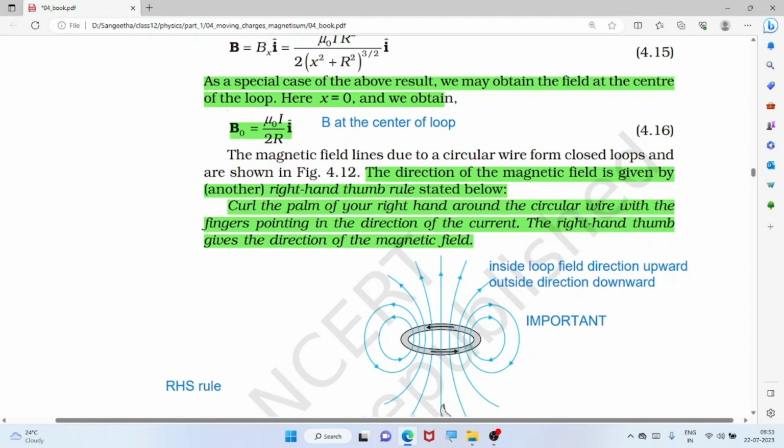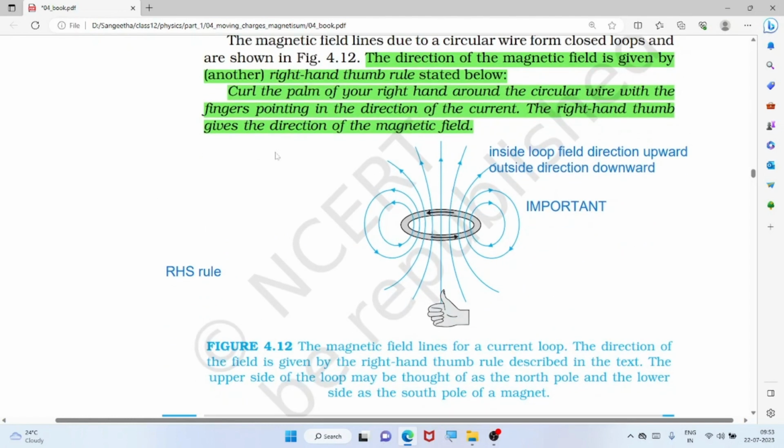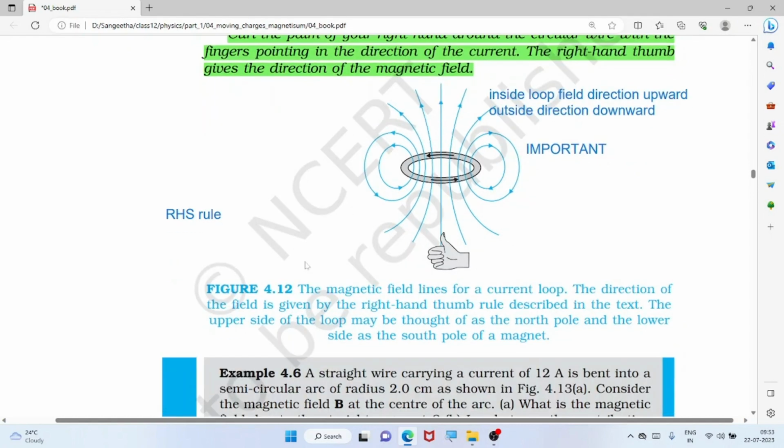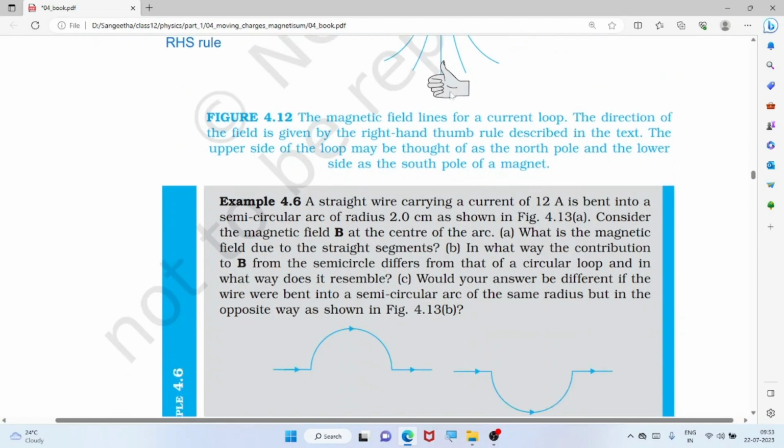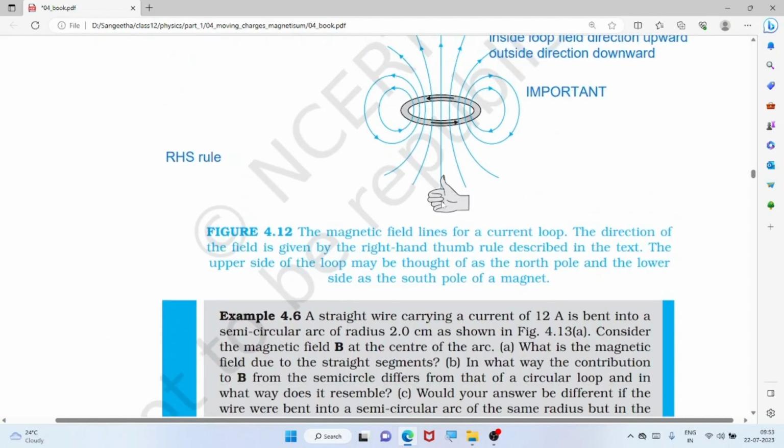The direction of the magnetic field is given by the right hand thumb rule. Inside the loop the direction is upward, and outside the loop the direction is downward. This is the current and magnetic field direction: thumb in the current direction and the curled fingers in the magnetic field direction.